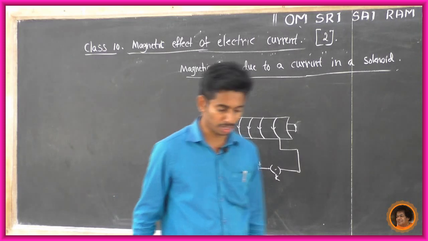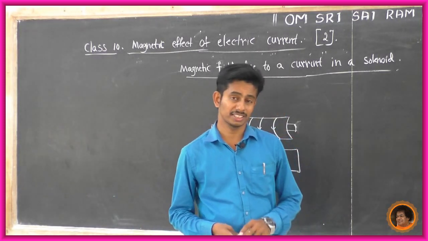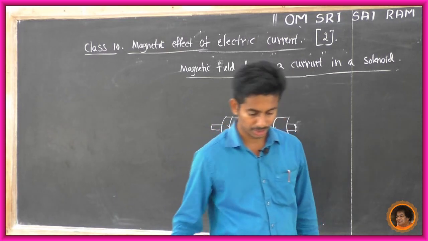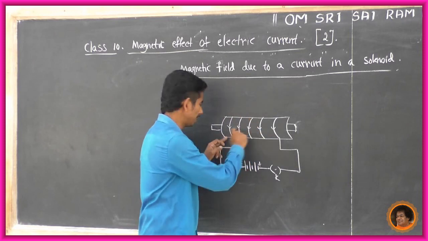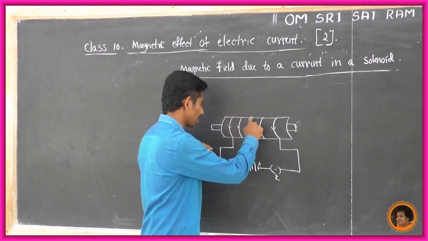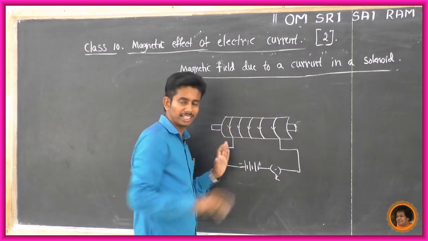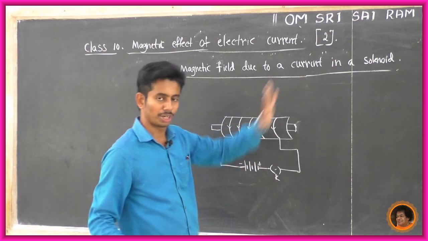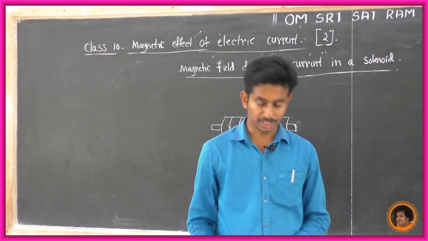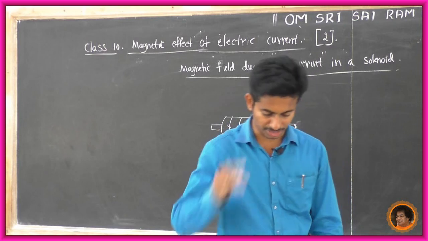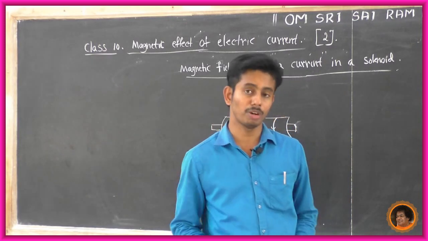Why is it called a solenoid? A coil of many circular turns of insulated copper wire wrapped closely in the shape of a cylinder. Many circular coils, wrapped in a cylinder shape. That is called a solenoid. A coil of many circular turns of insulated copper wire wrapped closely in the shape of a cylinder.